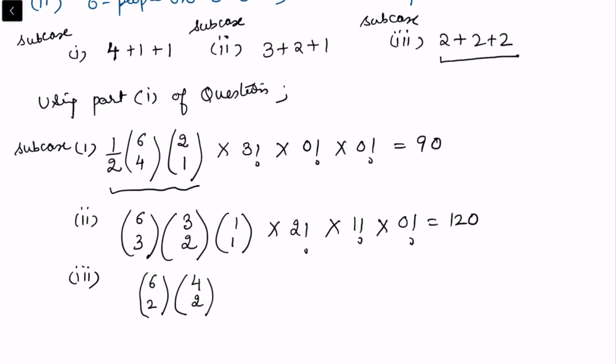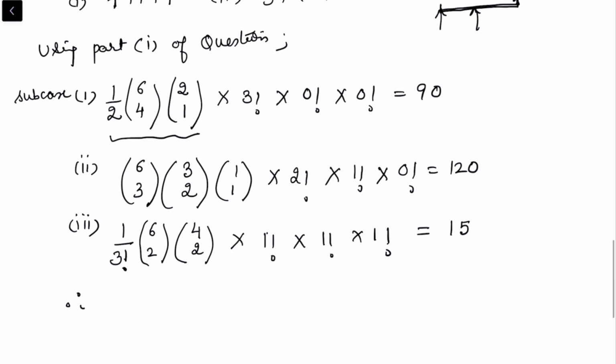And because the group sizes are equal, there are 3 equal groups that we have considered, so this has to be divided by 3 factorial. Then 2 people on the first table, so this is 1 factorial, 2 people on the second table, 1 factorial, and we continue for the third table. So in total we get 15.